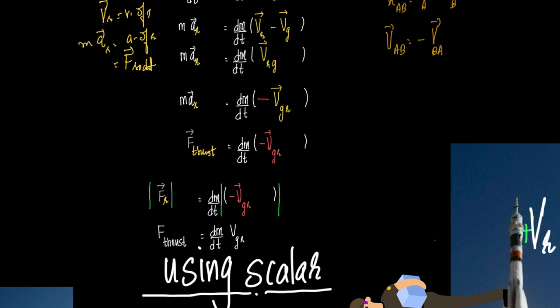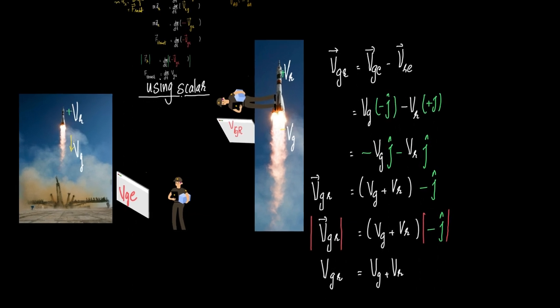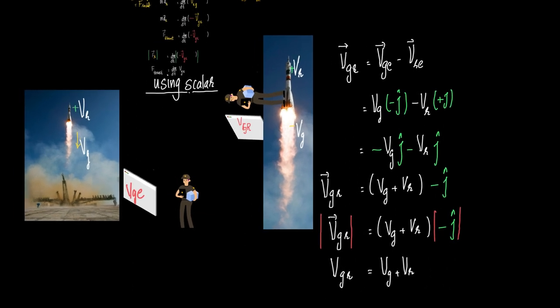Now, let me explain this concept of how to use scalar notation here, because some of you may find it convenient. A man is standing here, observing the gases and the rocket.